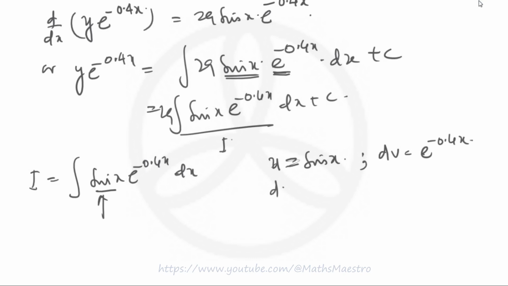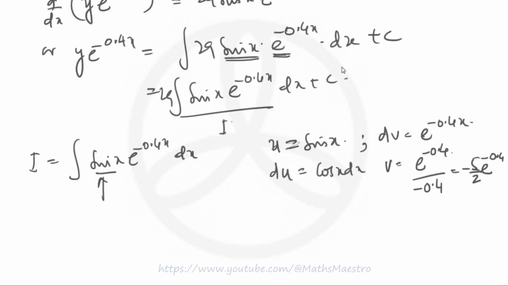This will give us du is equal to cos x dx, and v will be the integration of this, which is nothing but e to the power minus 0.4x divided by minus 0.4, and this will become minus 5 divided by 2 e to the power minus 0.4x.